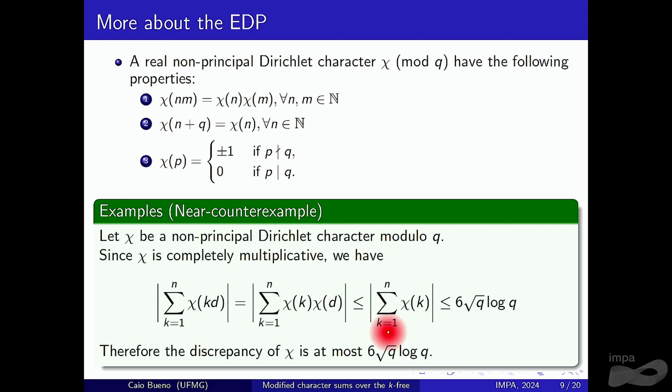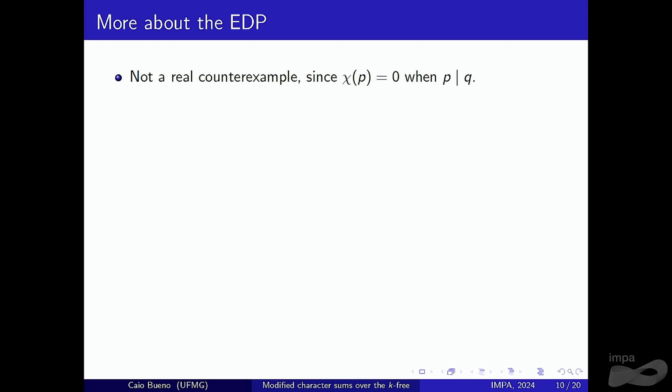Trivially it would be bounded by Q, so we have a finite discrepancy for a Dirichlet character. But of course, it's not a real counterexample since it vanishes for a finite subset of prime numbers.